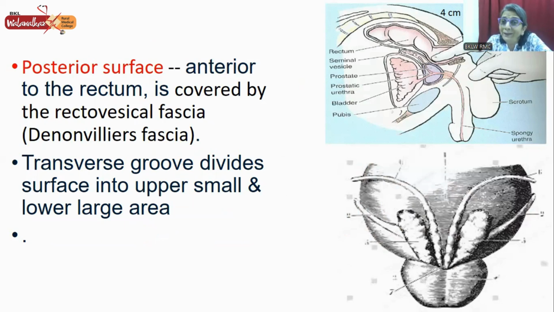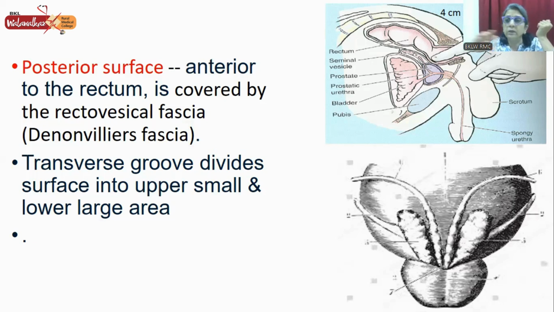Clinically, when we do a per-rectal examination, we can palpate the prostate gland, which is important to diagnose enlargement of the prostate gland. On the posterior surface, we can see a T-shaped groove, a horizontal groove and a vertical groove.